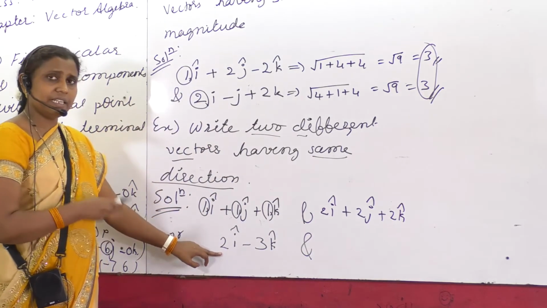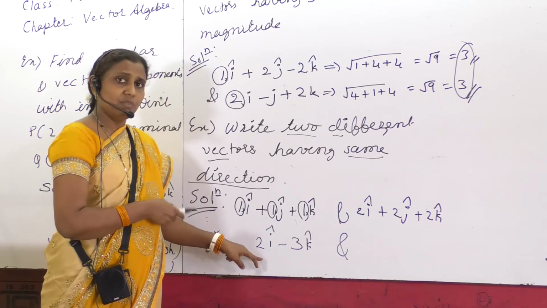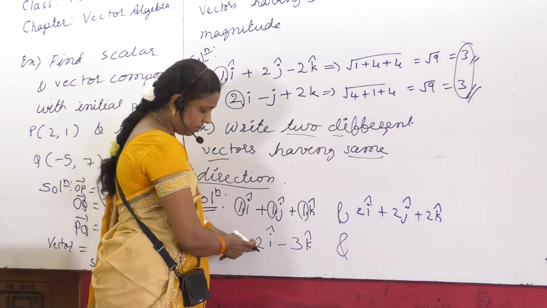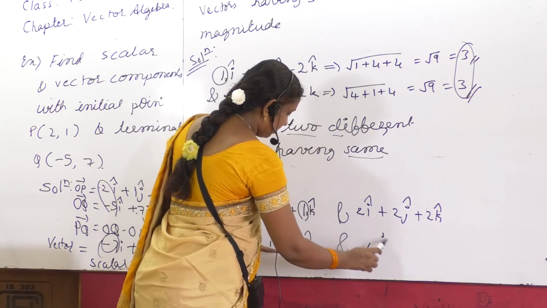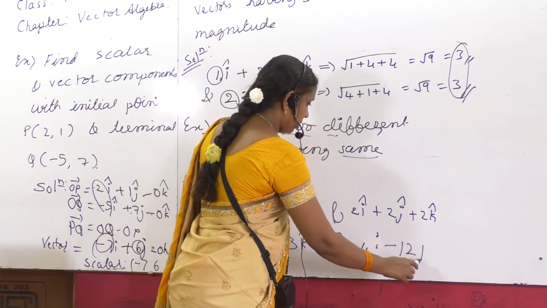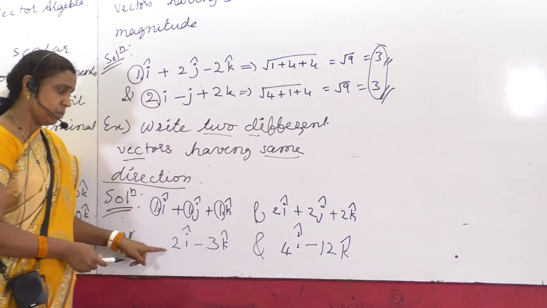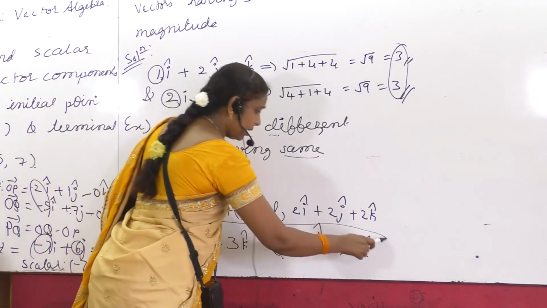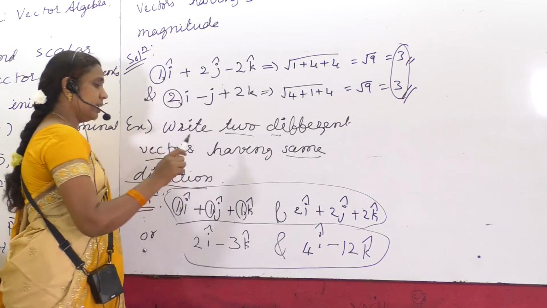Multiply by a constant, anything like 10, 2, 3, 4, no problem. If I multiply by 2, 4i, 2 times 3 is 6k. This is one more vector which can be paired with it. These two are a pair which are going in the same direction.